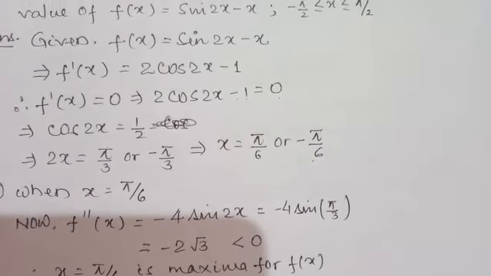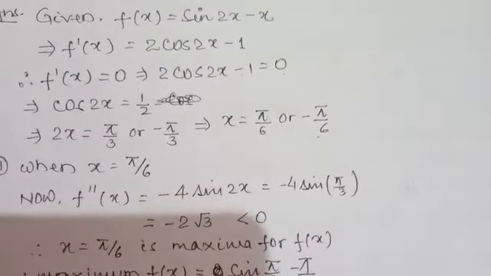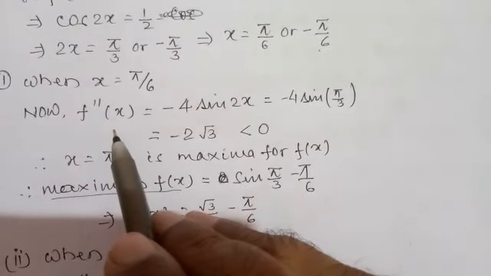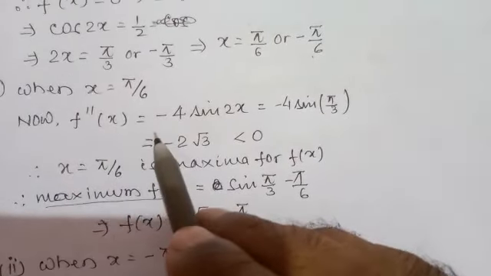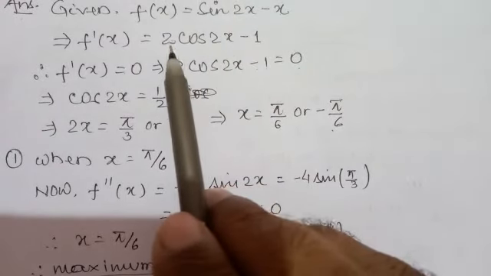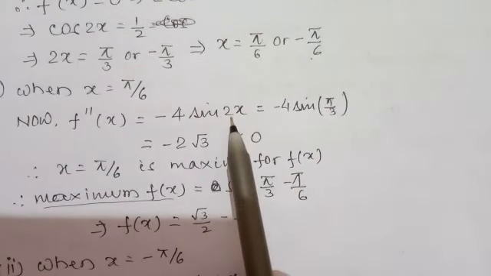Again differentiate one more time. So f double dash x is equal to minus 4 sin 2x.